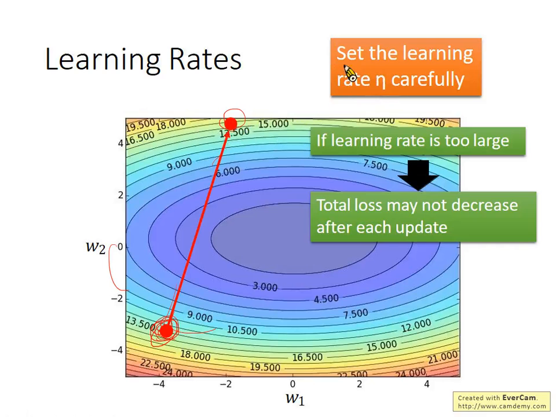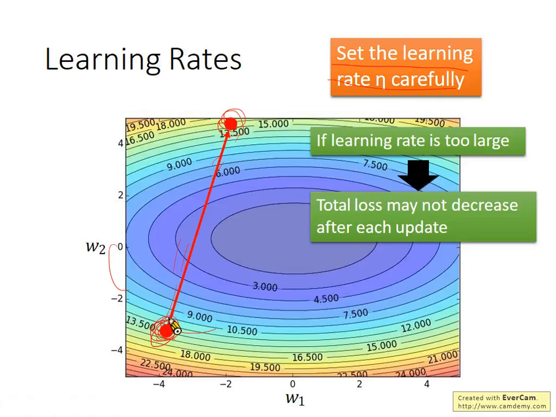Okay, and how far we move toward this direction is the so-called learning rate. So we should set the learning rate eta carefully, because when we move a lot, we may move too much, such that we may move to a place that is actually worse than the original.